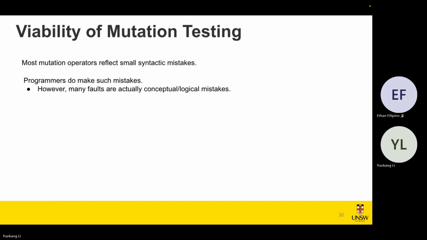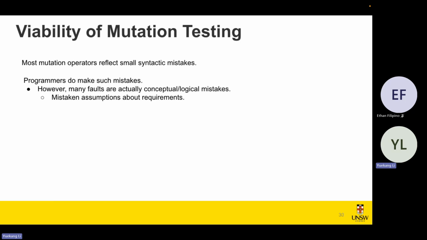However, in practice, many of the faults created by the programmers are actually conceptual or logical errors. These conceptual or logical errors could not be reflected by these small syntactic errors, right? Because, for example, these conceptual errors are often made because of wrong assumptions about some requirements or wrong interpretations of the requirements, right?